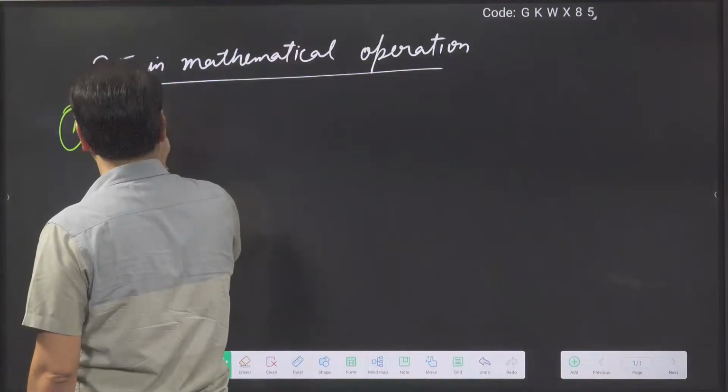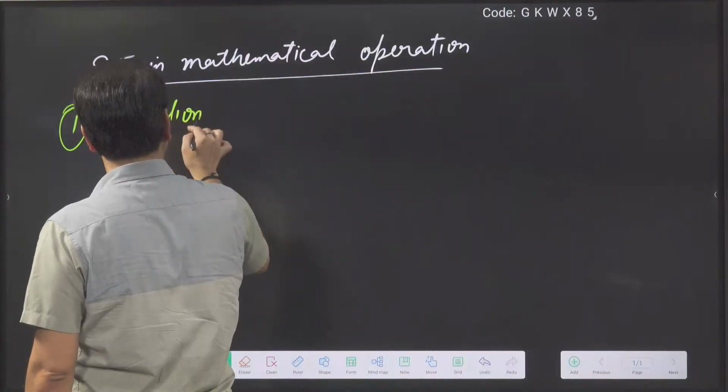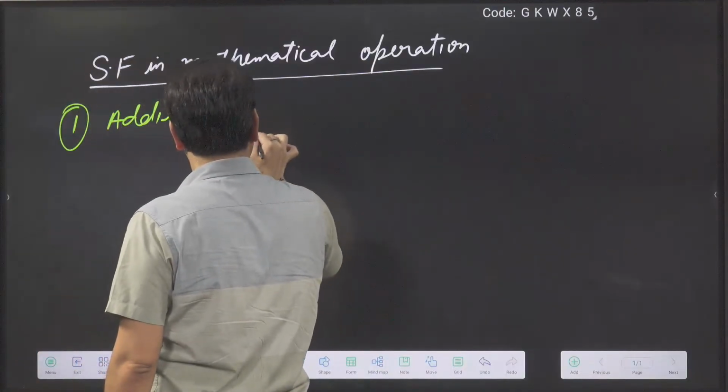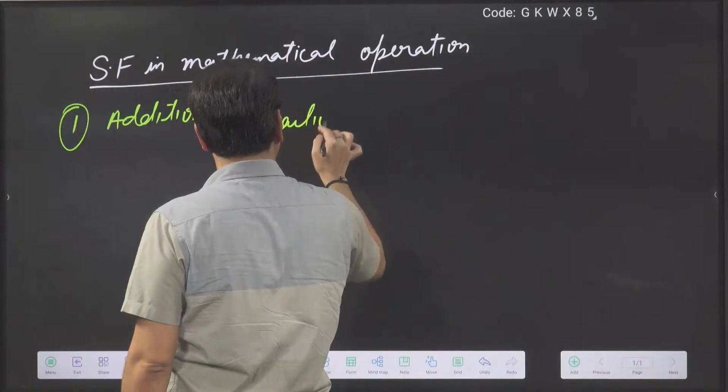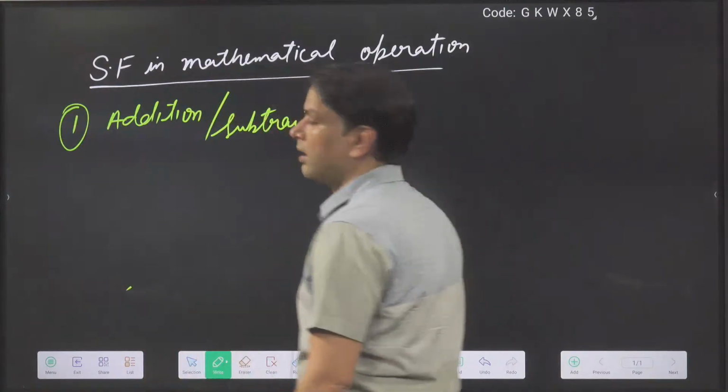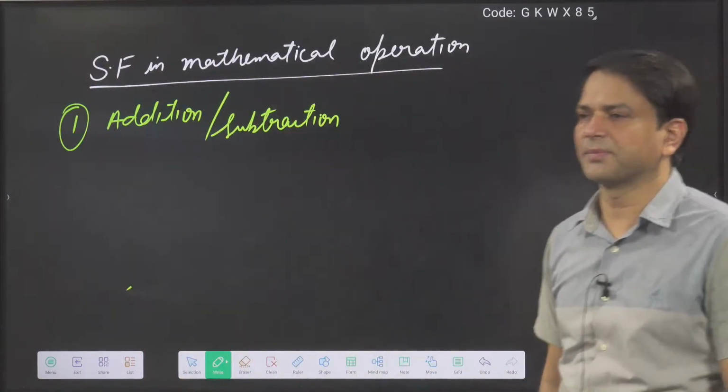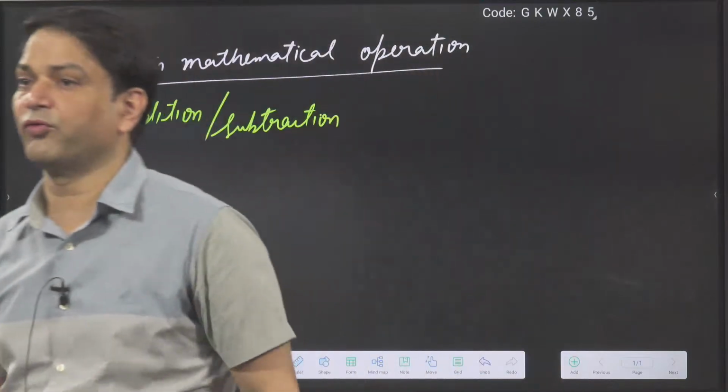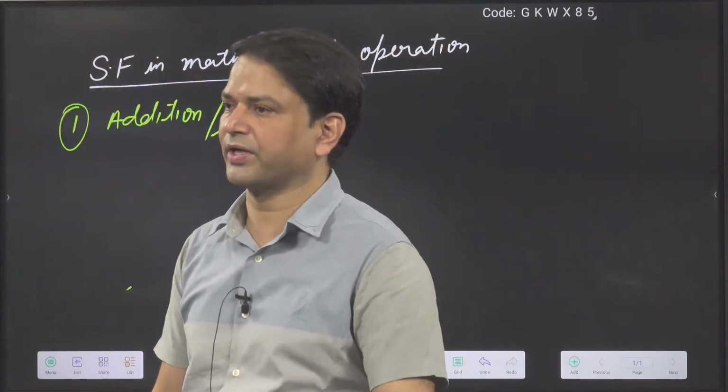Number one. In addition and subtraction, how do we follow the rules for significant figures?